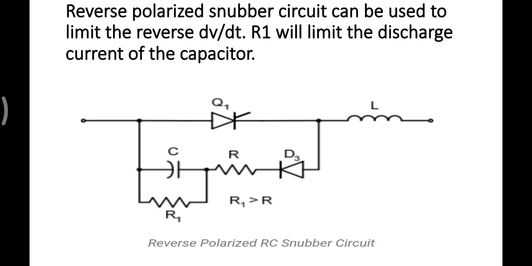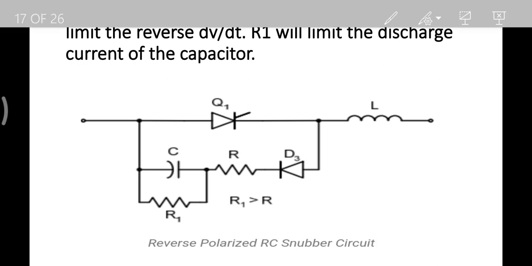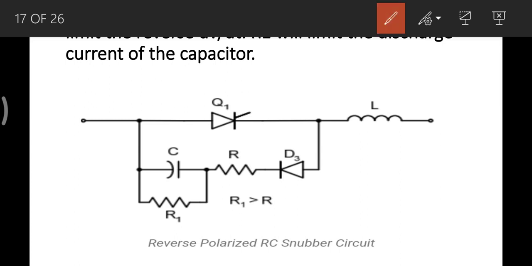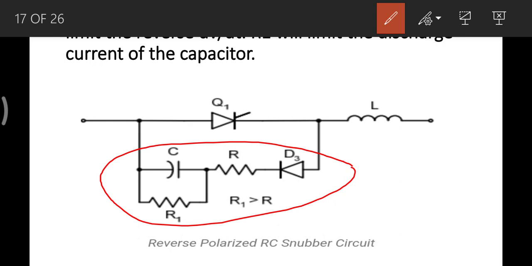Next, see the circuit diagram for the reverse polarized snubber circuit. Here we are using only one diode, but in the forward polarized snubber circuit we are using two diodes connected in anti-parallel. In the reverse polarized RC snubber circuit we are using only one diode.